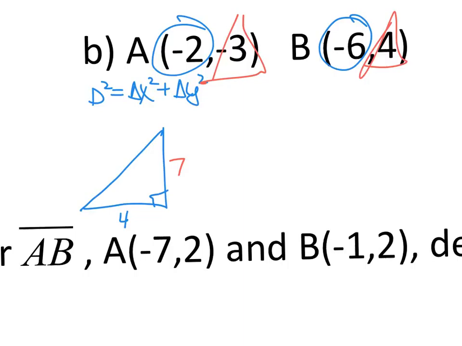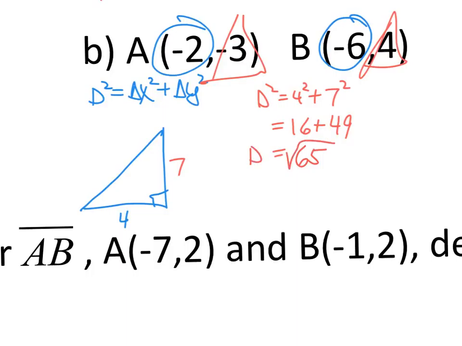So distance squared is change in x squared plus change in y squared. So that'll be 16 plus 49, which is 65. So the distance is going to equal the square root of 65, which equals a distance of 8.1. That's that diagonal distance between the points is 8.1.